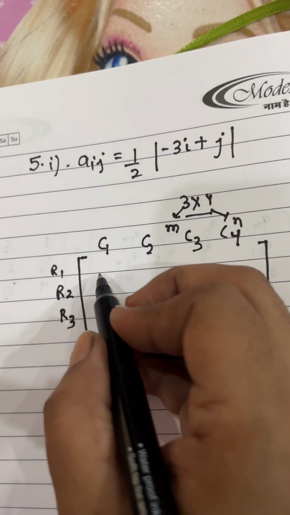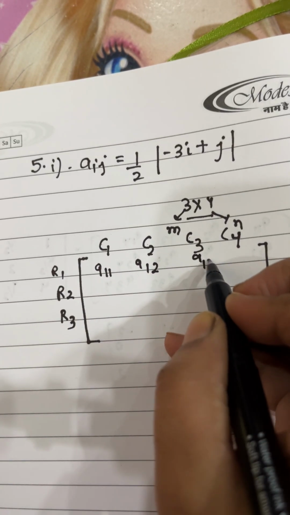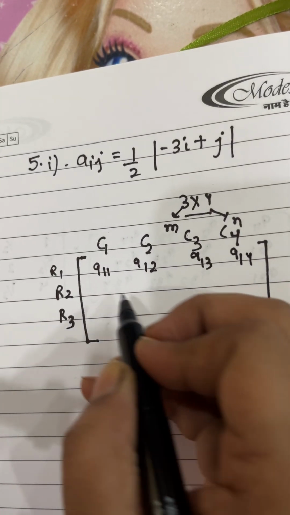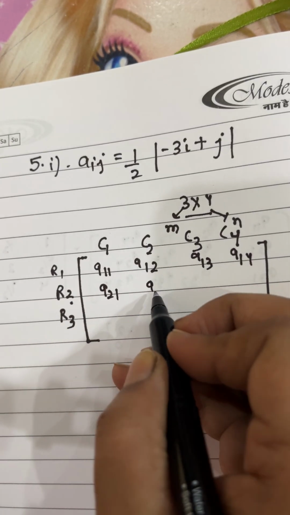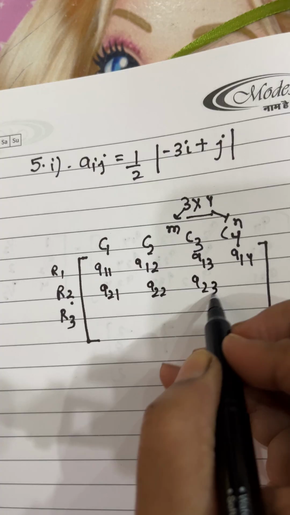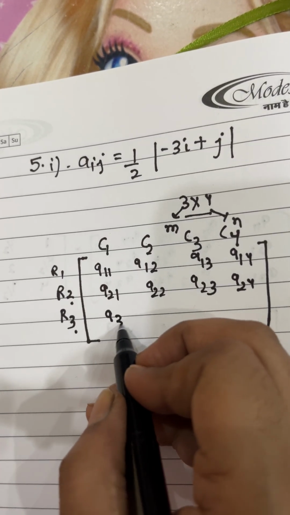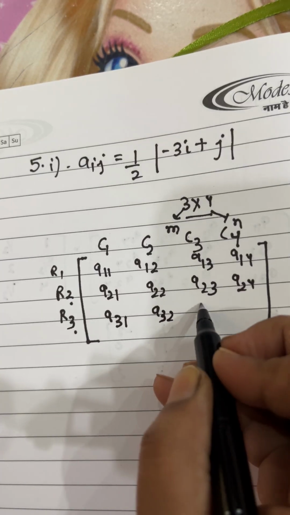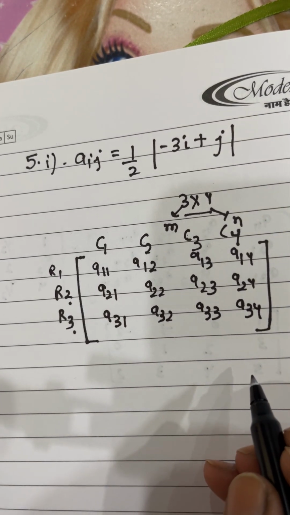So it will be A11, A12, A13 and A14. This is row 2 and column 1, so A21, A22, A23, A24. Third row A31, A32, A33, A34. Now we will find all these entries.